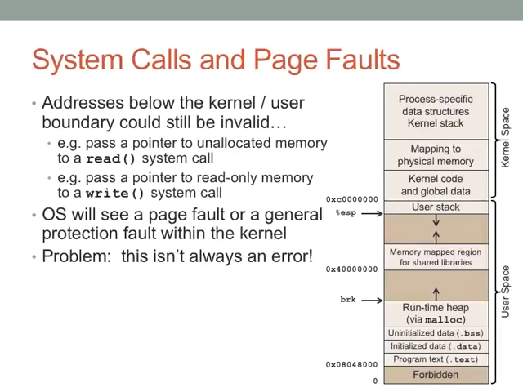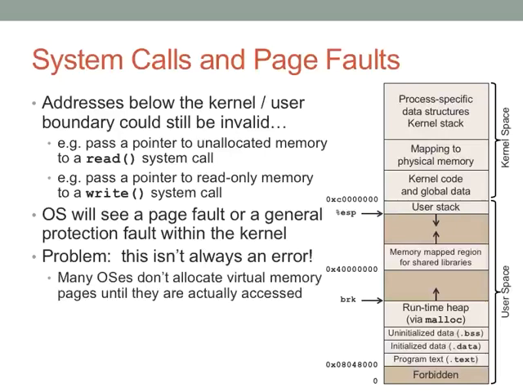Or we could have these other situations which are not errors. We haven't talked about this yet, and we won't for a couple more weeks, but there's this whole thing called demand paging, where I don't actually allocate a page to a user process's address space until it wants to use it. So the very first access to the page always generates a fault, and that's the point where it gets allocated.